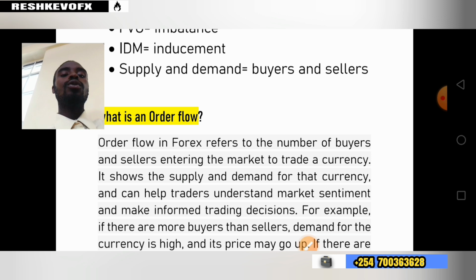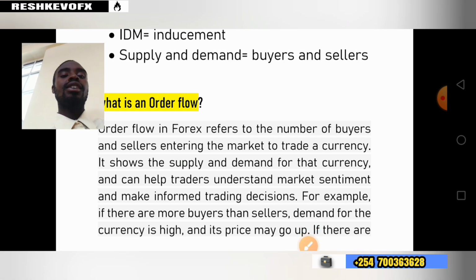Order flow in Forex refers to the number of buyers and sellers entering the market to trade a currency. It shows the supply and demand for that currency, and it helps traders understand market sentiment and make informed trades.